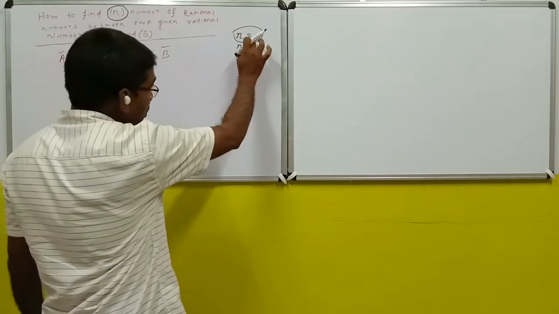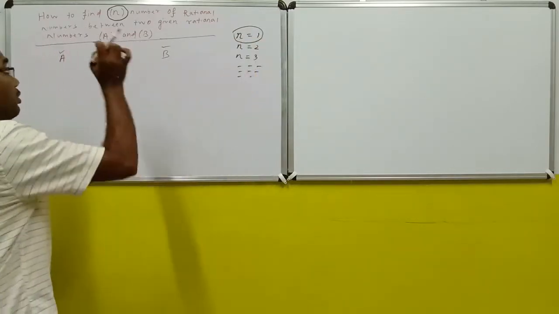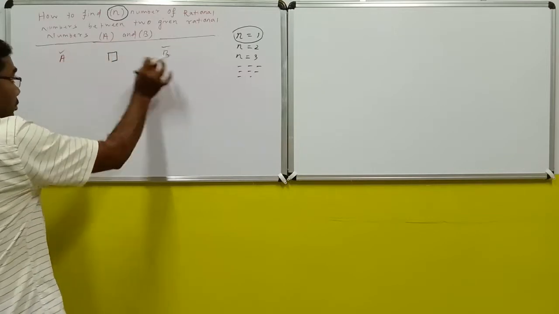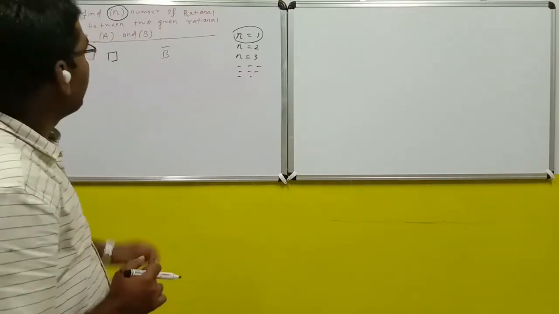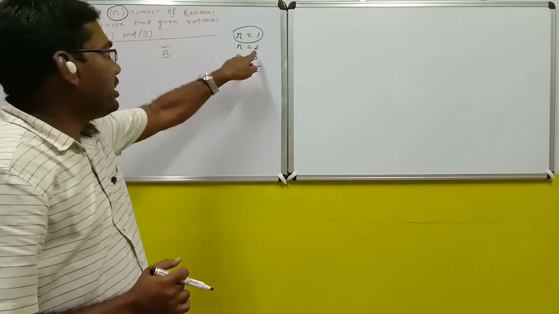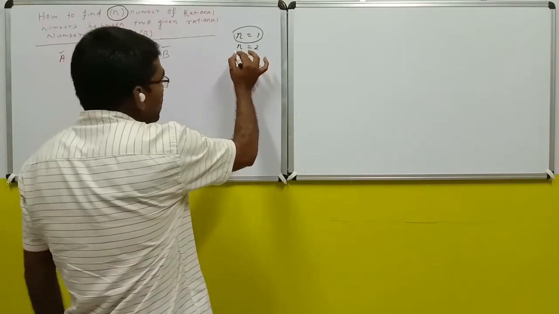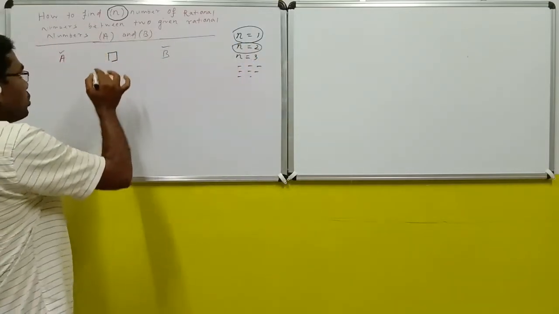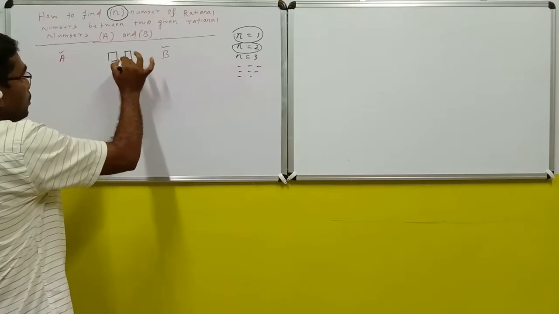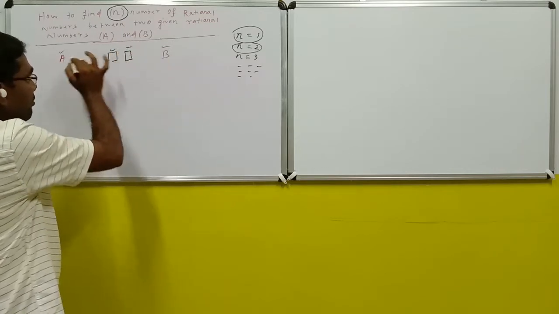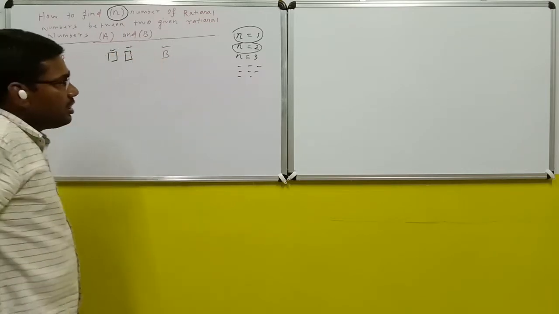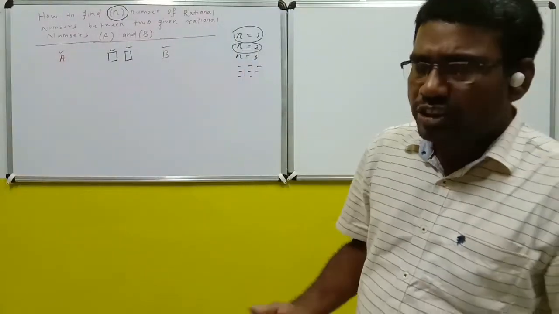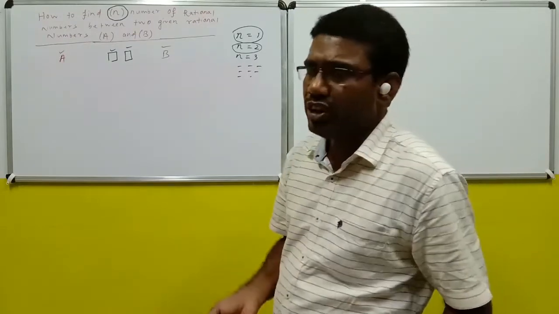If n equal to 2, then you have to find two rational numbers between your given rational numbers a and b. Similarly, the value of n can be 3, can be 4, it means the value of n can be anything.